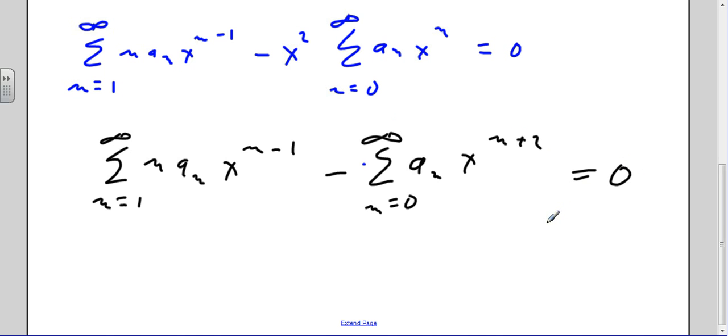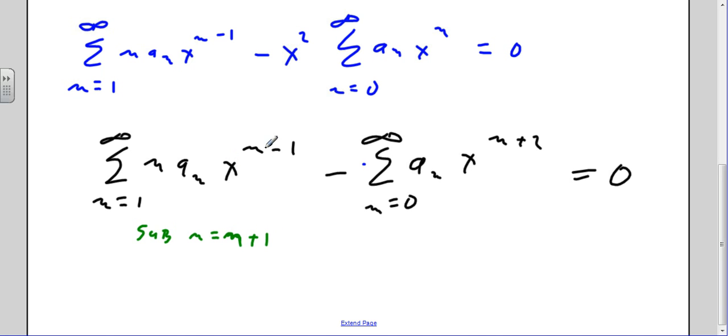Now I want the exponent of the x term to be the same in both summation signs. So we'll do a substitution of n is equal to n plus 1 in the first summation sign.